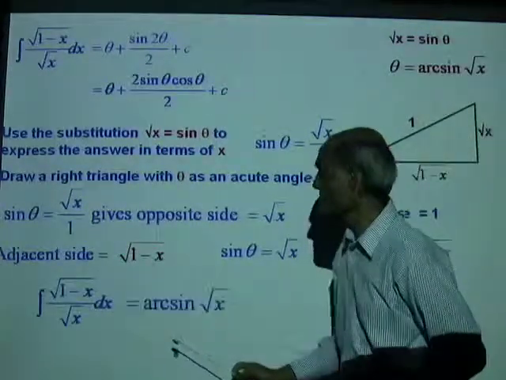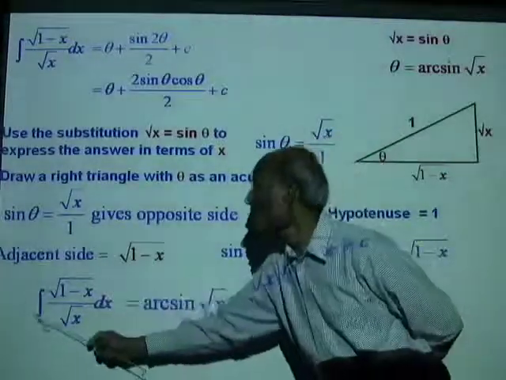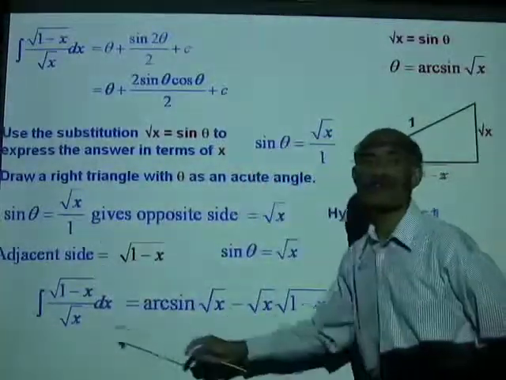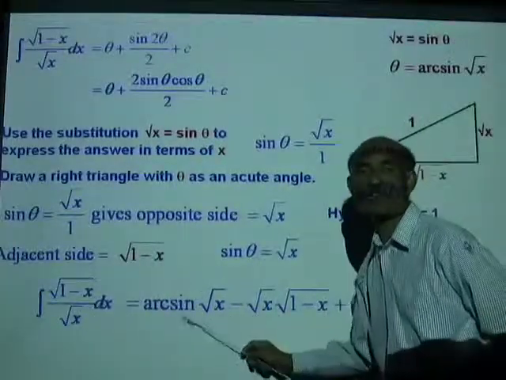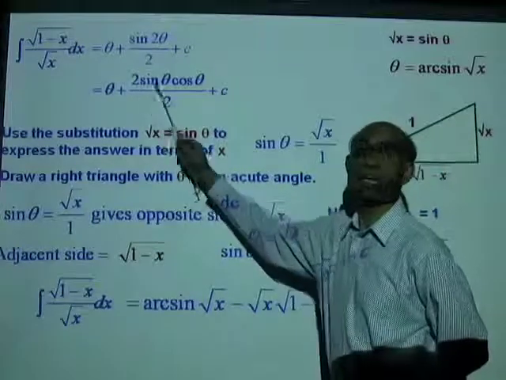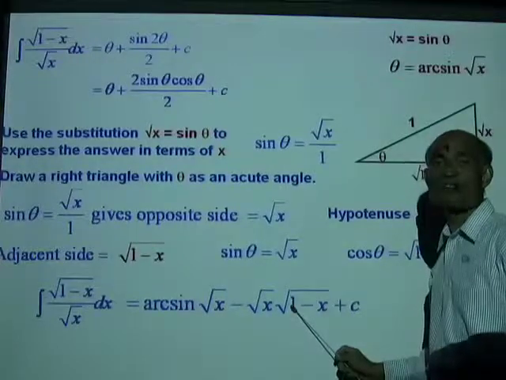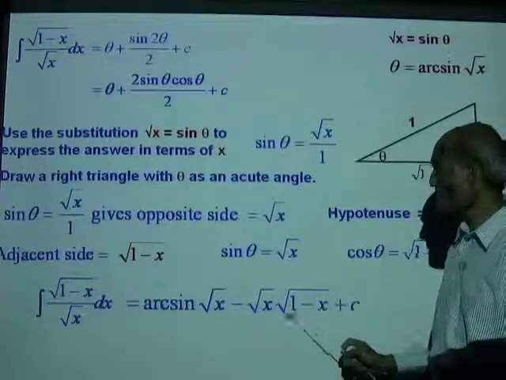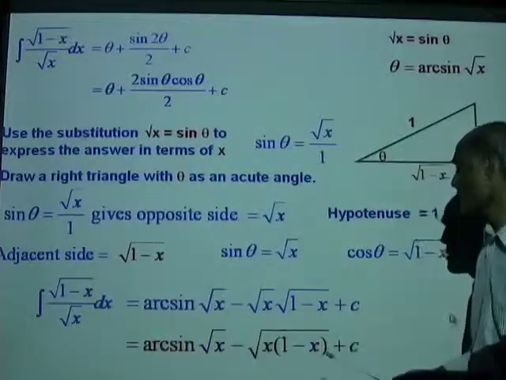So our result will be: integral of square root 1 minus x over square root x is theta, that is arc sine square root of x, minus, the 2 and the 2 there cancel. Sine theta is square root of x, cos theta is square root 1 minus x. Can we factor out a square root of x?